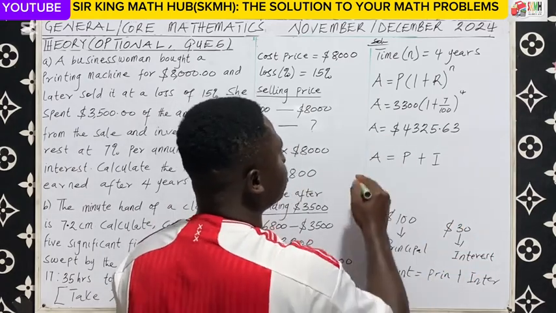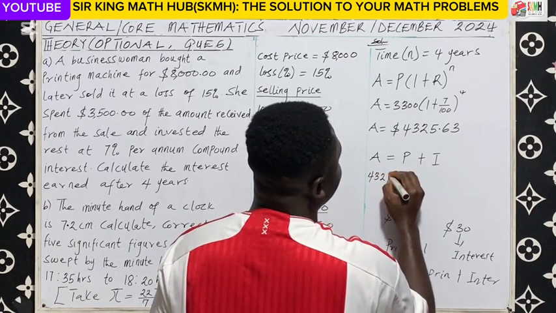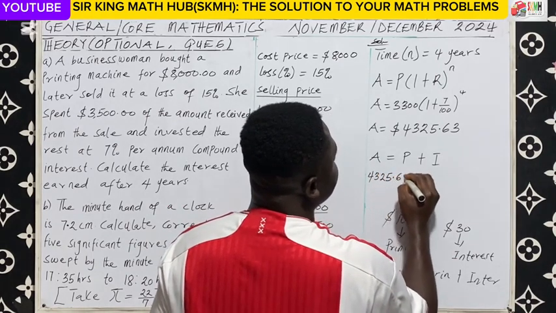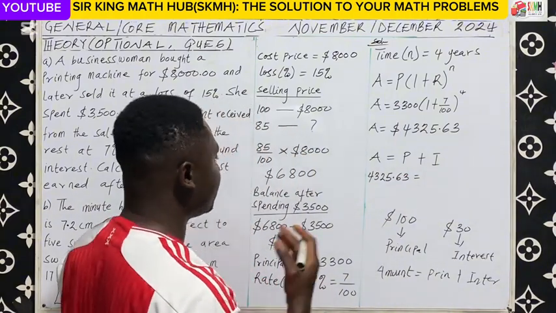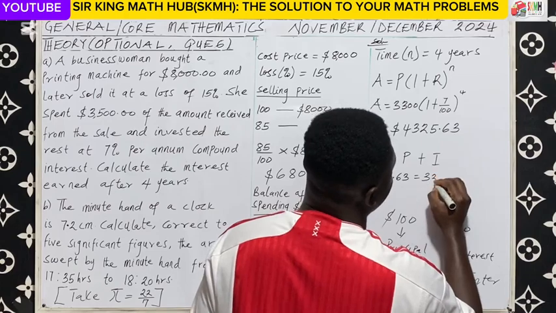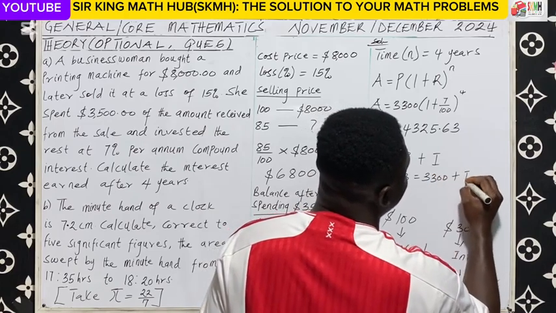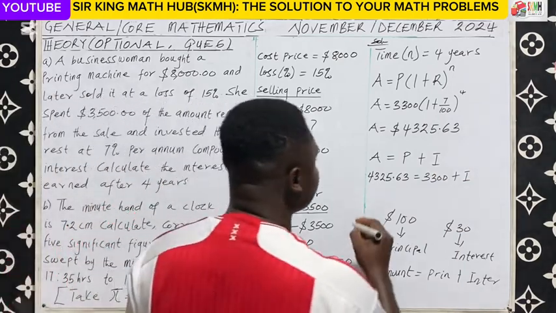Now we know the amount to be $4,325.63. This should be equal to the principal, the money invested. So principal, we have $3,300, plus interest. Now let's make interest the subject by grouping like terms.